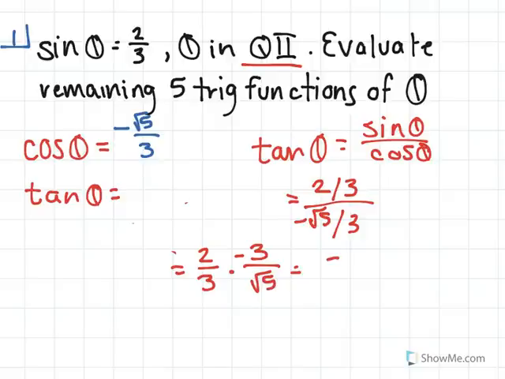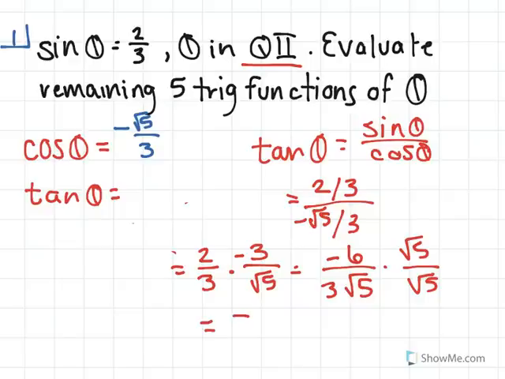So you'd have negative 6 over 3 root 5. However, we have to rationalize our denominator, so we're going to multiply by root 5 over 5. And once we do that, we're going to have negative 6 root 5 over 15. So that is our value for tangent of theta: negative 6 root 5 over 15.